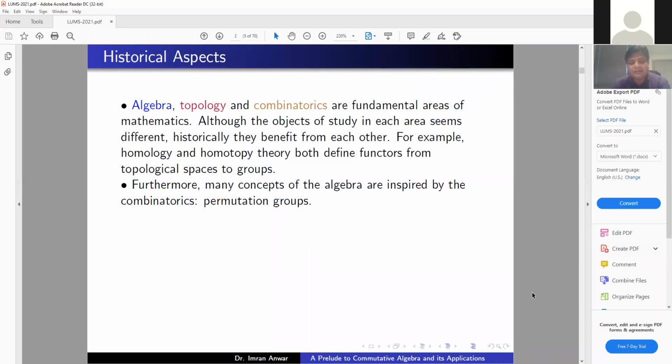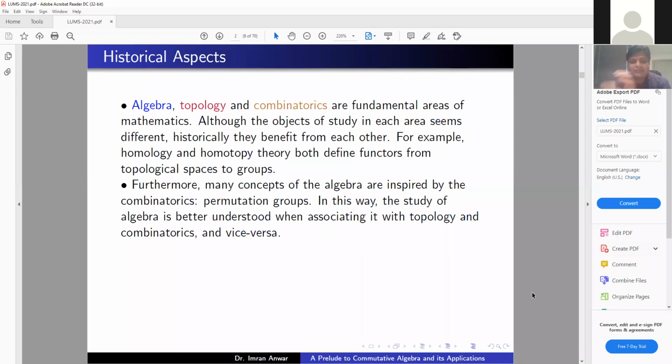Similarly, concepts in algebra are inspired by combinatorics, in particular the permutation group. The permutation group holds a very important character, and it is going to be a very important keyword of this talk.